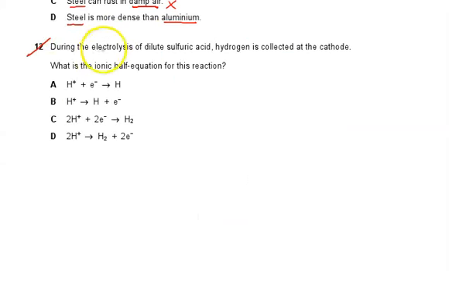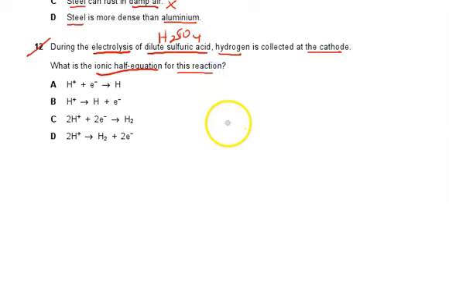Number 12. During electrolysis, dilute sulfuric acid, H2SO4. Hydrogen is collected at the cathode. What is the ionic half equation for this reaction? So hydrogen is collected at cathode in the form of a hydrogen gas. So hydrogen in the acid appears as this.